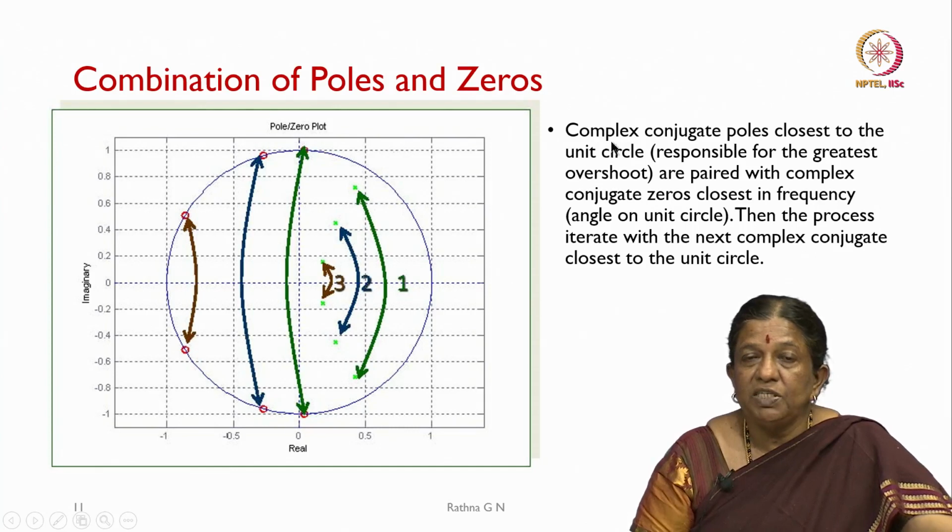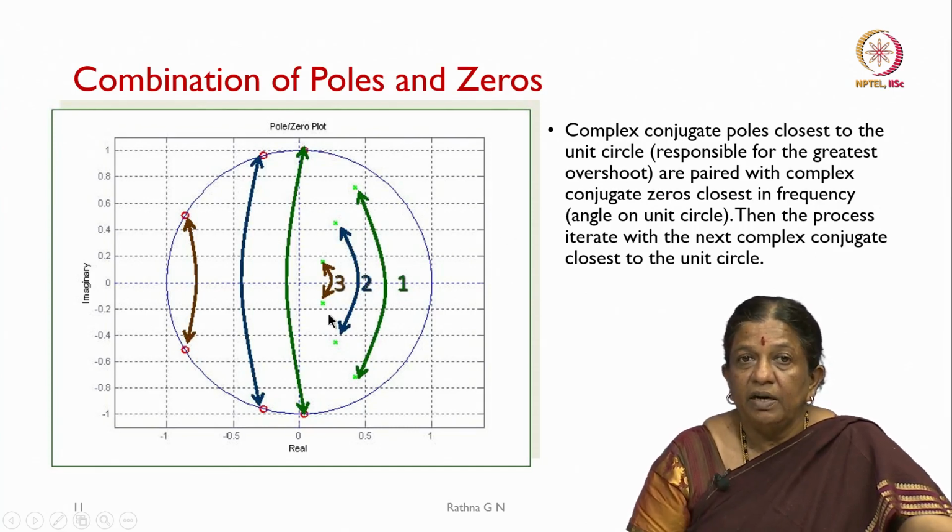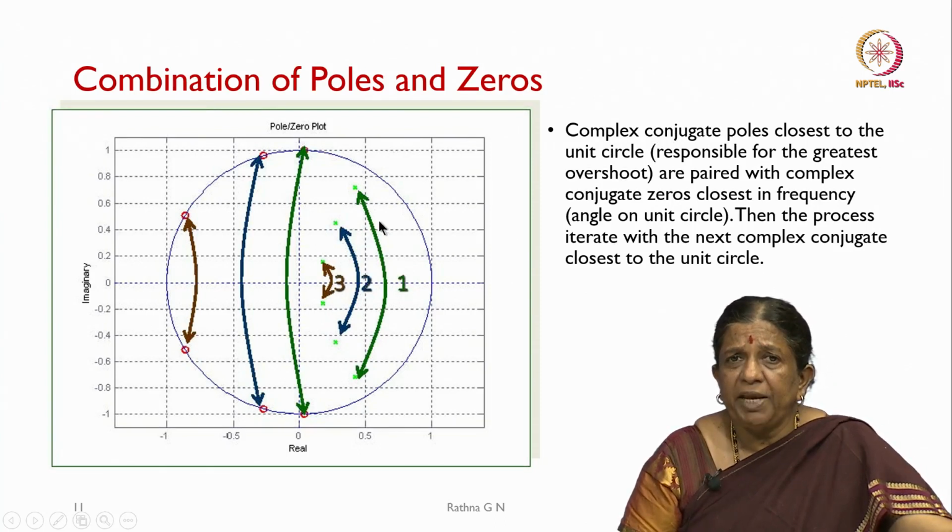First, we consider the complex conjugate poles here. They have been named as the first conjugate pole, then the second set, and this is the third set. We take the one closest to the unit circle, named as 1, which is responsible for the greater overshoot, and pair it with complex conjugate zeros closer in frequency, that is, the angle on the unit circle.